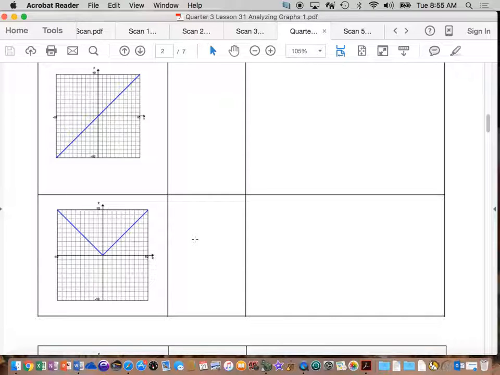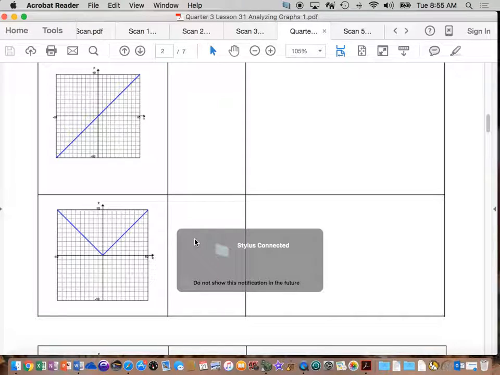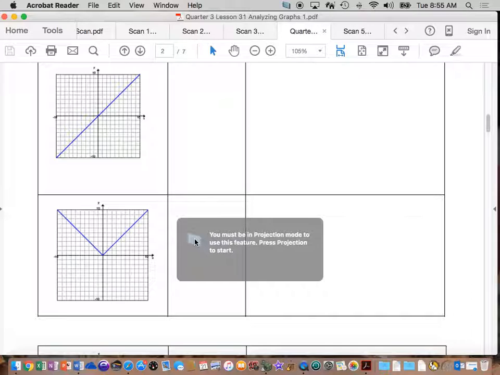But what if I did something? What if I took the graph and I simply did this? You gotta press the projection button again. I did. Why is it? Oh, no. Battery might be dead.